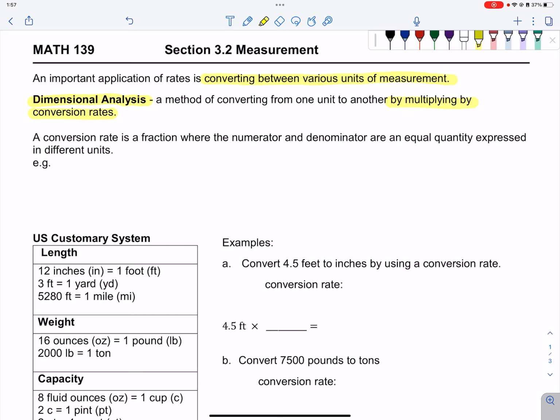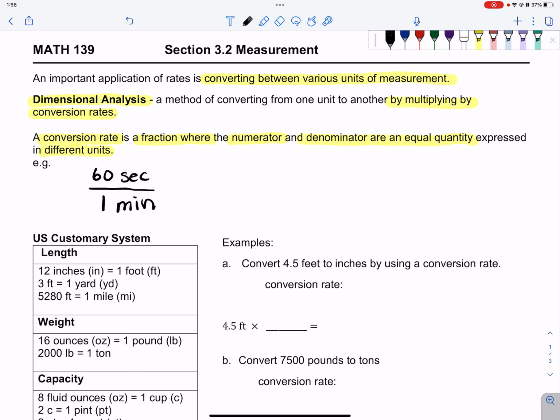Now a conversion rate is a specific fraction where the numerator and denominator are of equal quantities, but they're expressed in different units. So an example of a conversion rate would be 60 seconds over 1 minute.